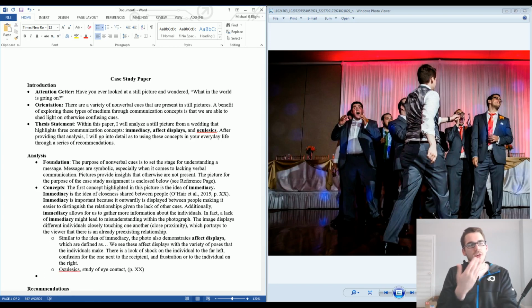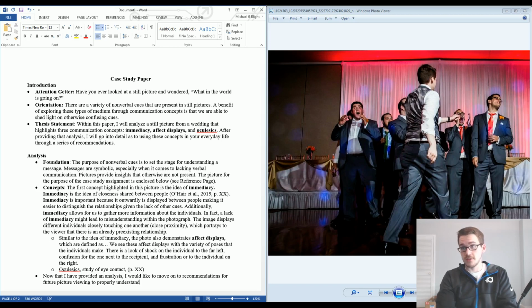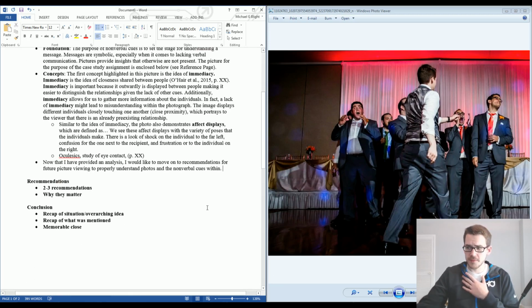At the end of that last paragraph, you'll say something to the effect of, now that I have provided an analysis, I would like to move on to recommendations for future picture viewing to properly understand photos and the nonverbal cues within, which is sort of a run-on sentence, poorly constructed, but the general sentiment's the same.